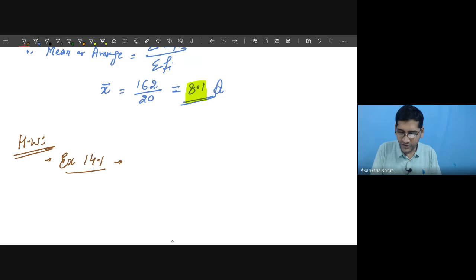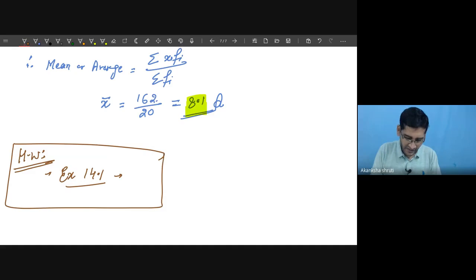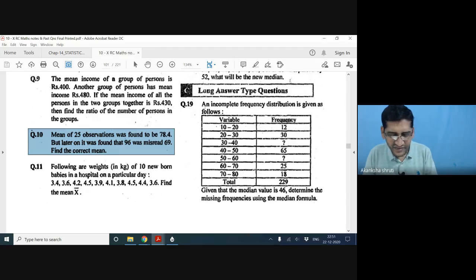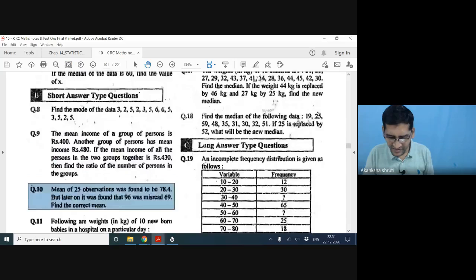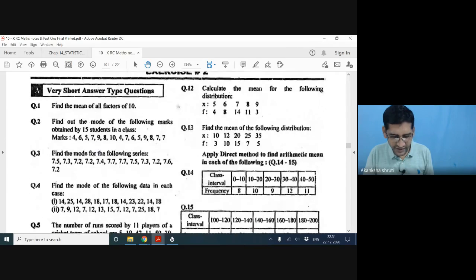So try all the questions by this method. And in our RC book, wherever there are simpler questions related to the mean, please try them. Mode and median, you have to leave it.